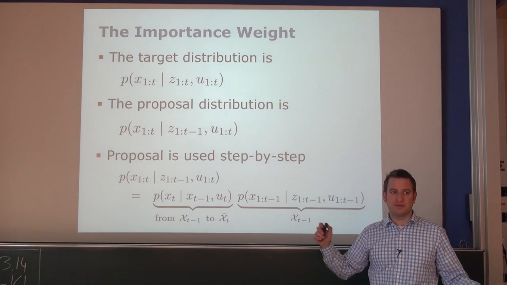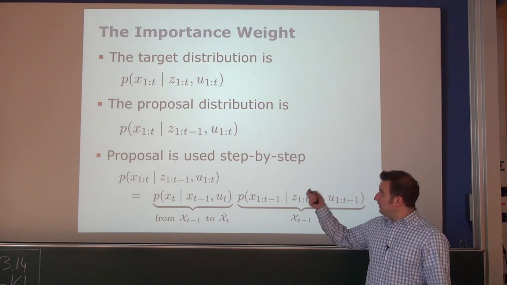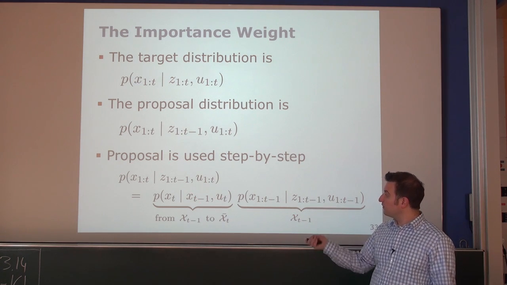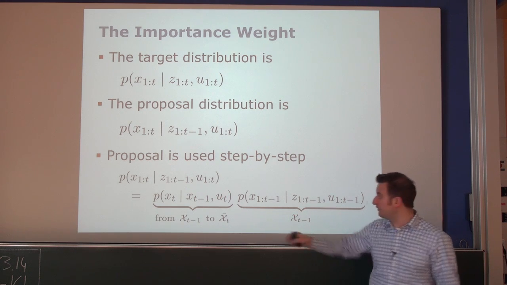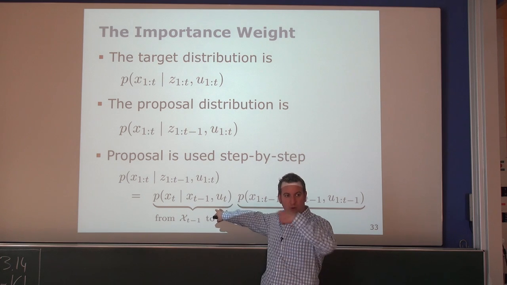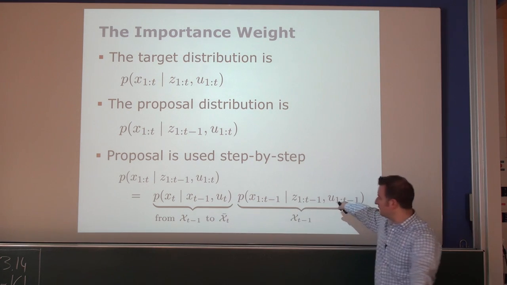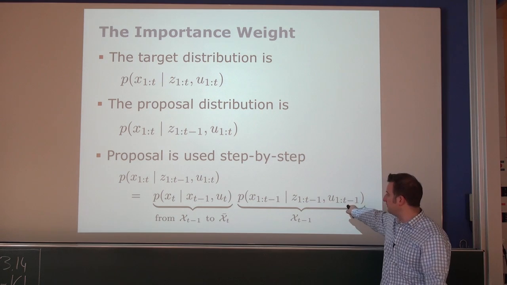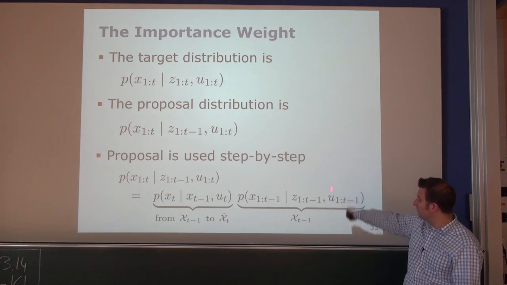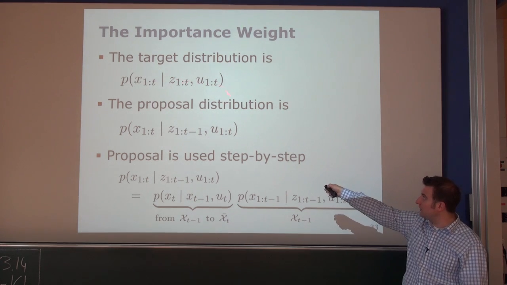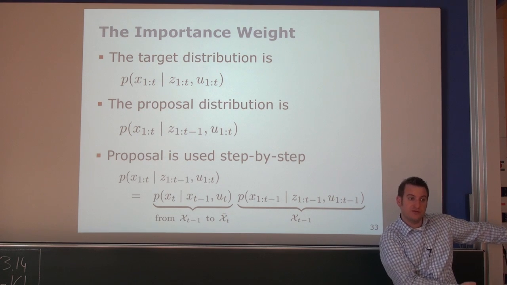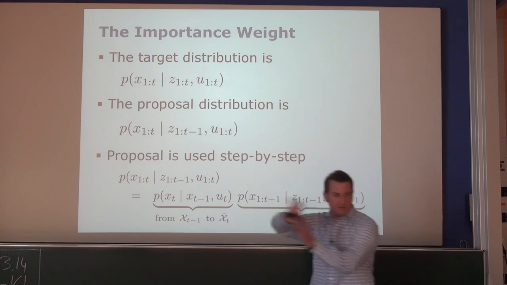That's what we wanted to represent with our samples. The proposal is this guy over here, and it's split up into two parts. This is the direct odometry motion model, so one step ahead. And this is what comes from my previous belief. So this is the part which is equivalent to this term up here, except that all the time indices are t minus 1. That's what my previous belief was. So I want to take my previous belief and take it a step further.